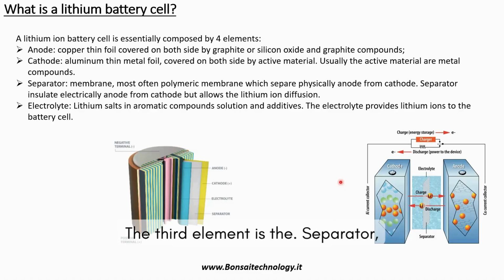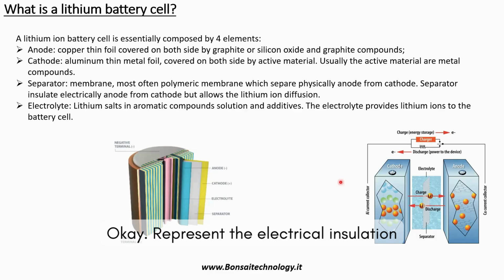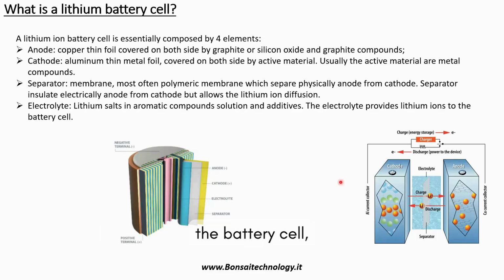The third element is the separator. The separator is placed between the anode and the cathode and represents the electrical insulation of the battery cell, but the separator has a controlled porosity. It's a polymer film with a very controlled porosity, in the order of nanometers.